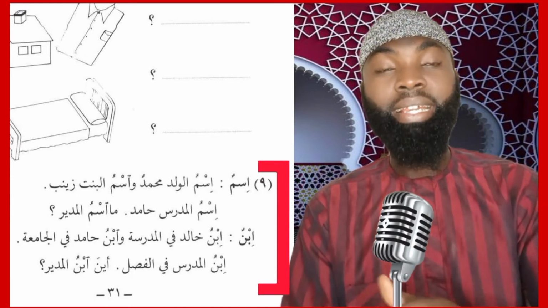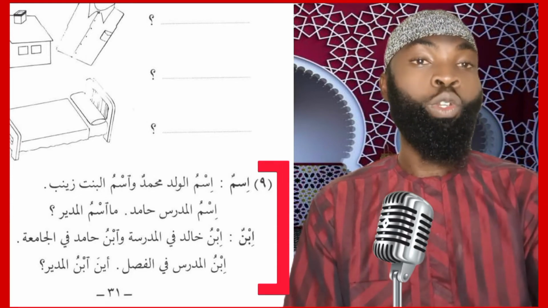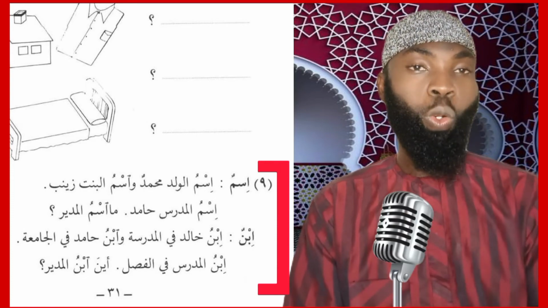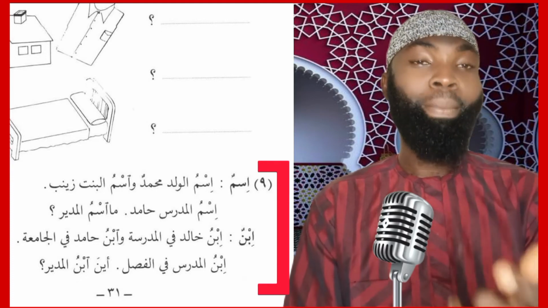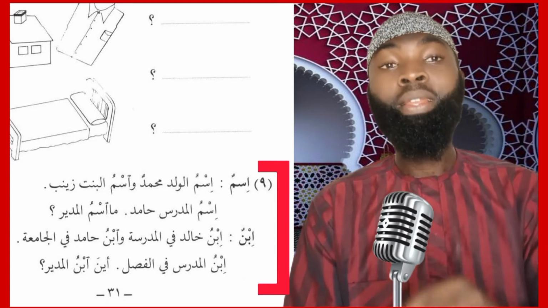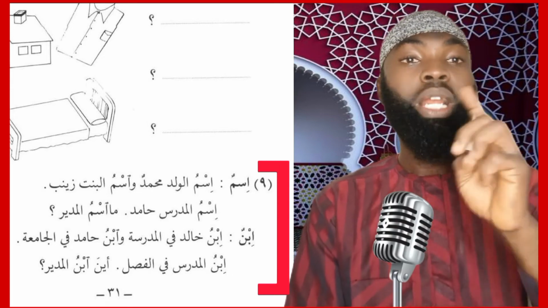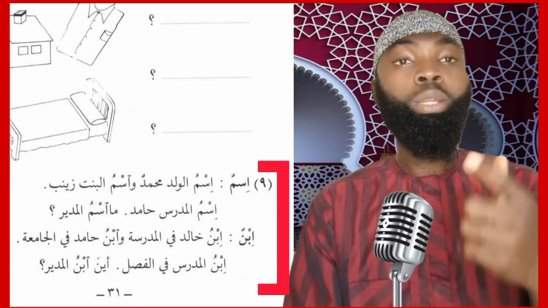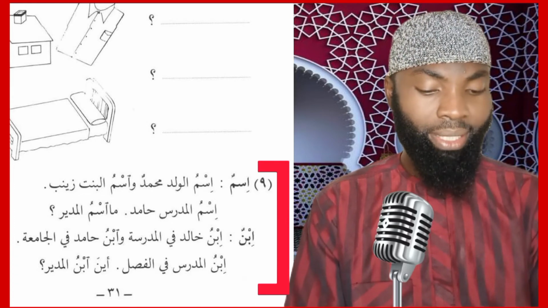Masmul mudiri, what is the principal's name? When I want to ask you what is your name, I will not say ma ismuka. No, rather I will say masmuka, what is your name? Because the hamza is coming in between a sentence, so we say masmuka. So masmul mudiri, what is the principal's name?